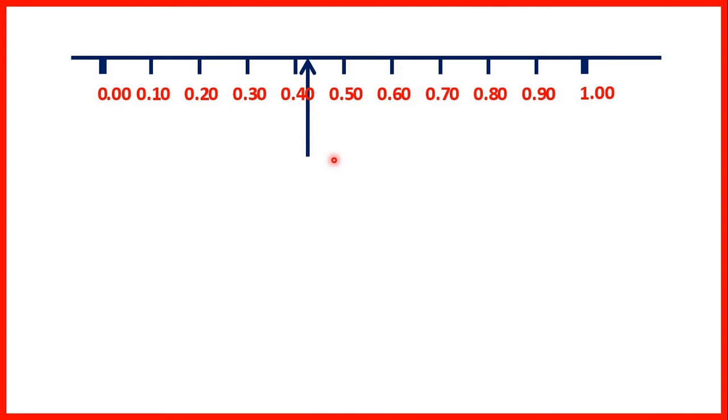So where is the arrow now? It's closer to 0.4 than 0.5, so I would estimate it's at 0.43 or perhaps 0.42. Here, the arrow is pointing to 0.58 because it's closer to 0.6 than to 0.5.